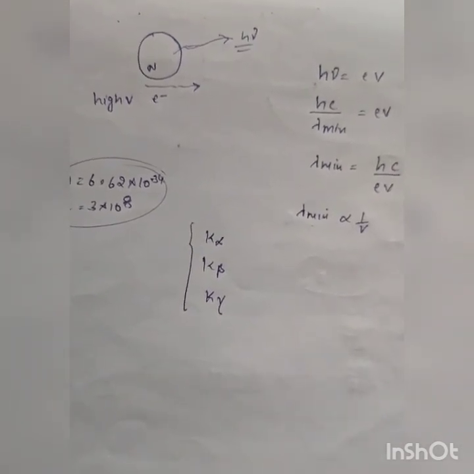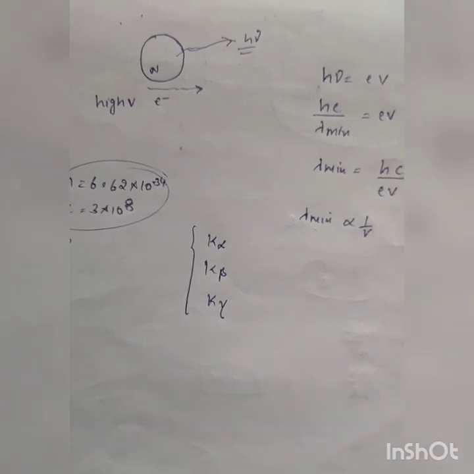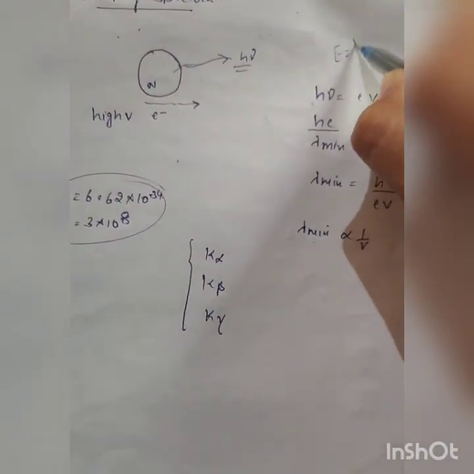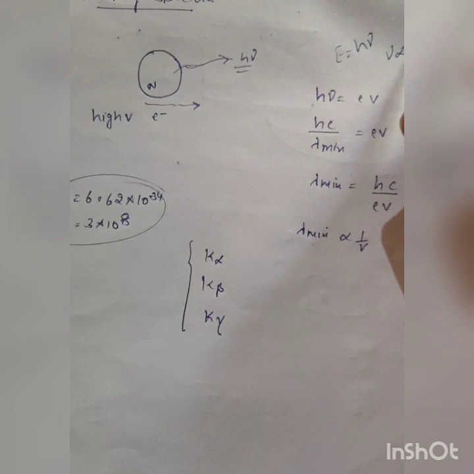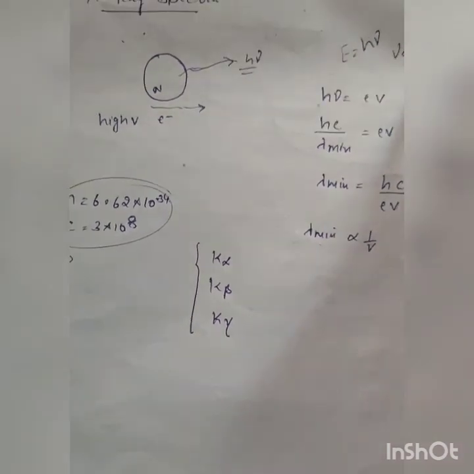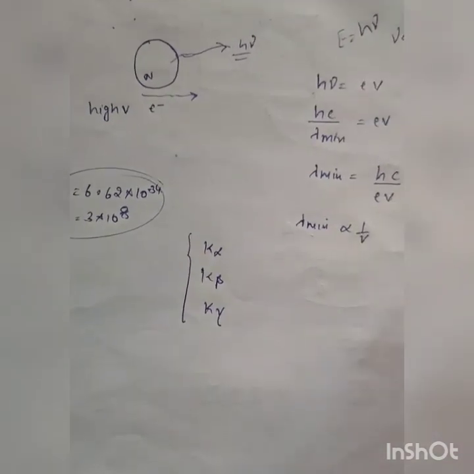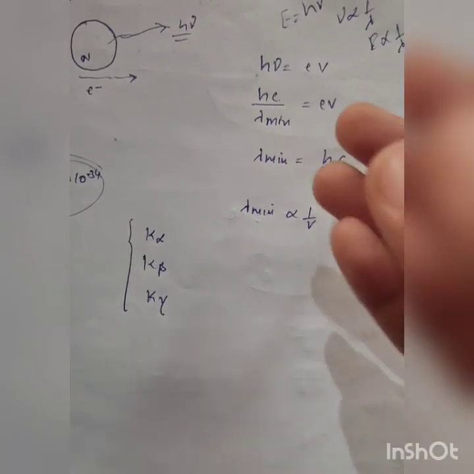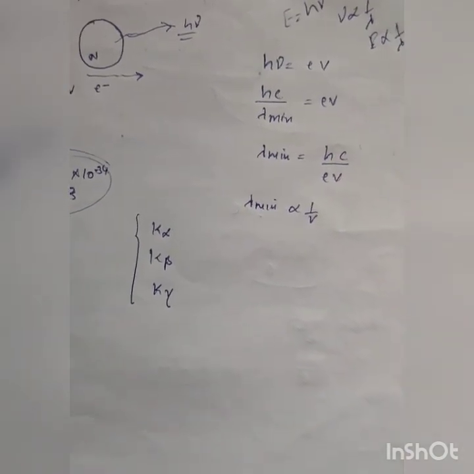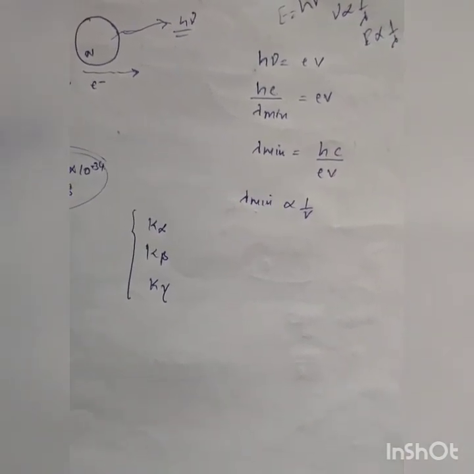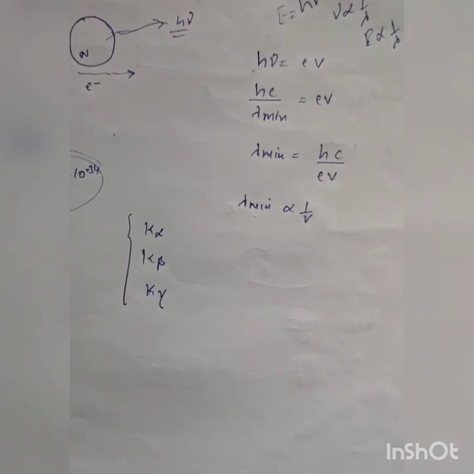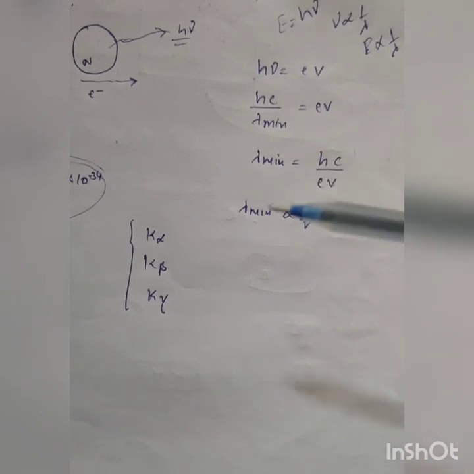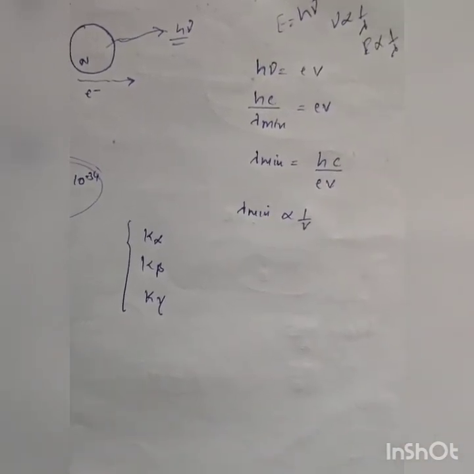As we know, energy is h nu, and nu is inversely proportional to lambda, so E is also inversely proportional to lambda. If it loses more energy, then the wavelength will be minimum. As X-rays of all wavelengths within the range are emitted, a continuous X-ray spectrum is produced.